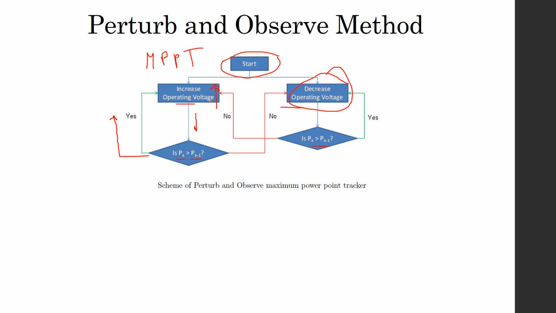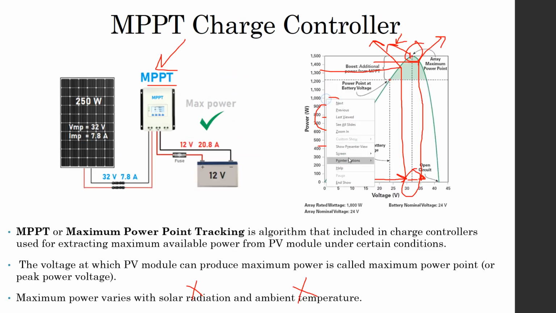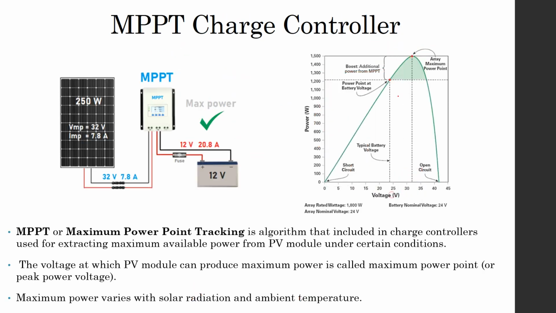So it fluctuates. Let's delete all of this and do it again. For example, at this point we increased the voltage to this point, near the maximum power. This is the older power and this is the new power. Is the power increased?